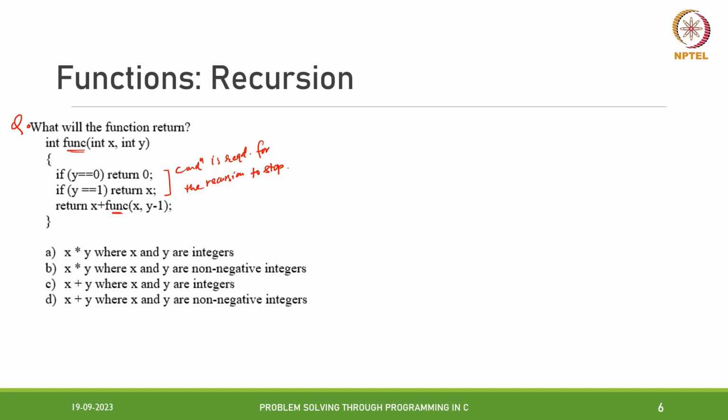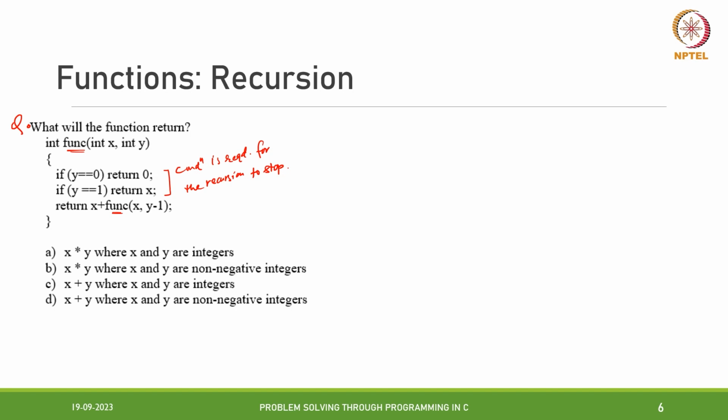Okay, now if these two are not satisfied, like y equals 0 and y equals 1 are not satisfied, then in the most general case it will return x plus, then it will call itself with a value of x comma y minus 1. Alright, now what the question is asking is what will the function return. We have a few options here.